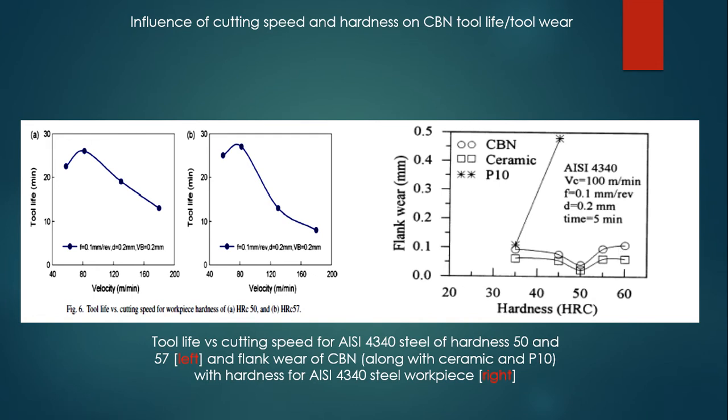As you can see from the line for the CBN, when you turn hardened steel below 50, the cutting temperature will increase with the hardness. When the cutting temperature increases, the workpiece gets softer, reducing the cutting force on the workpiece.